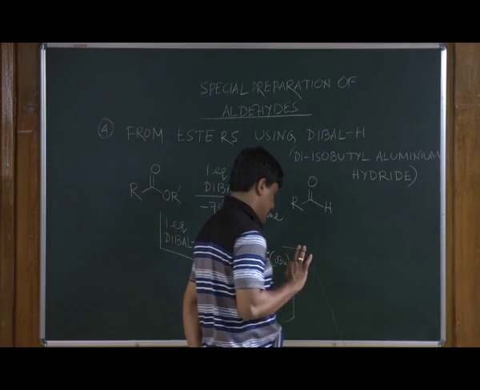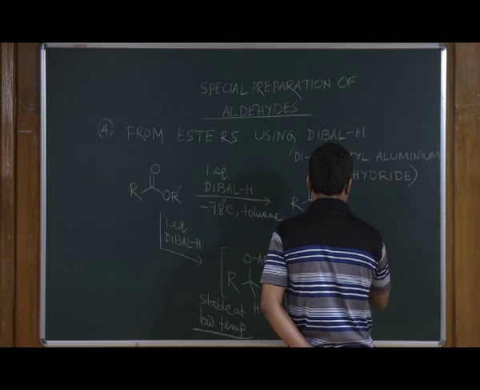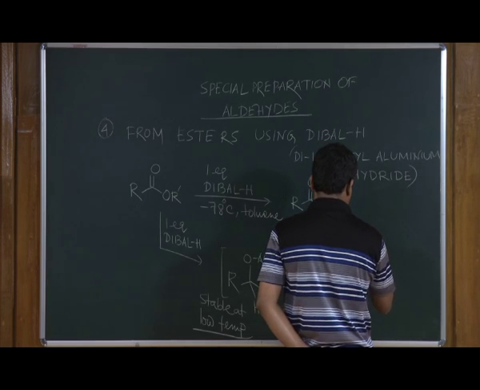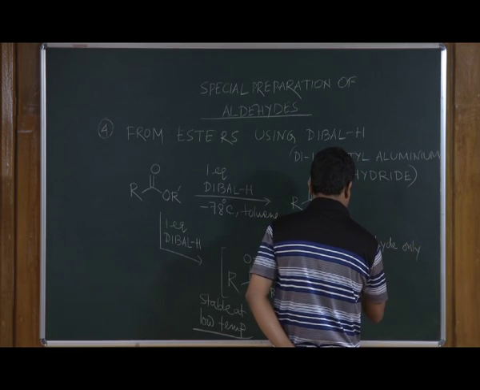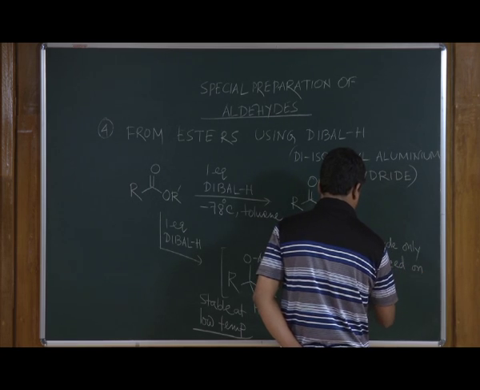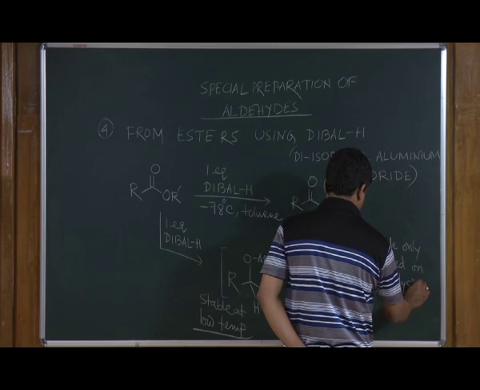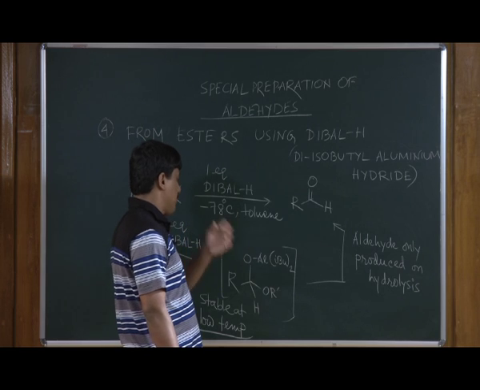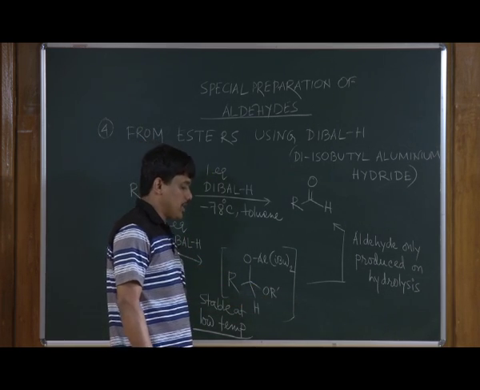And on hydrolysis, only the aldehyde forms, because if you use excess hydride, then this OR will come out and then you will get the alcohol.